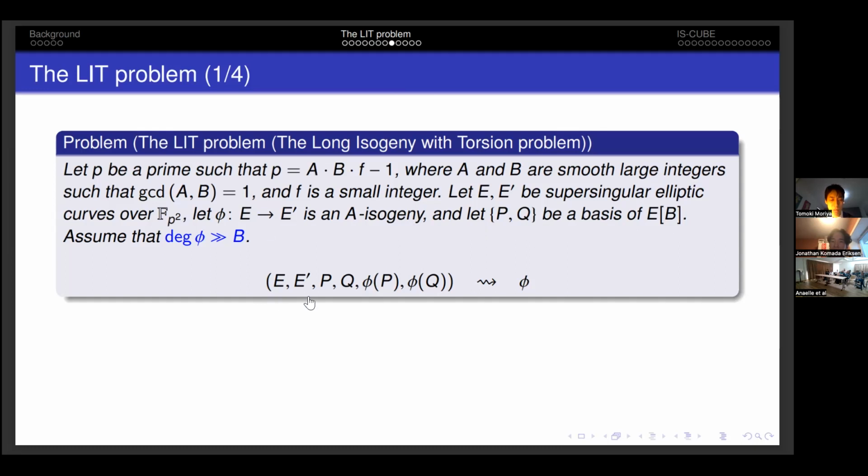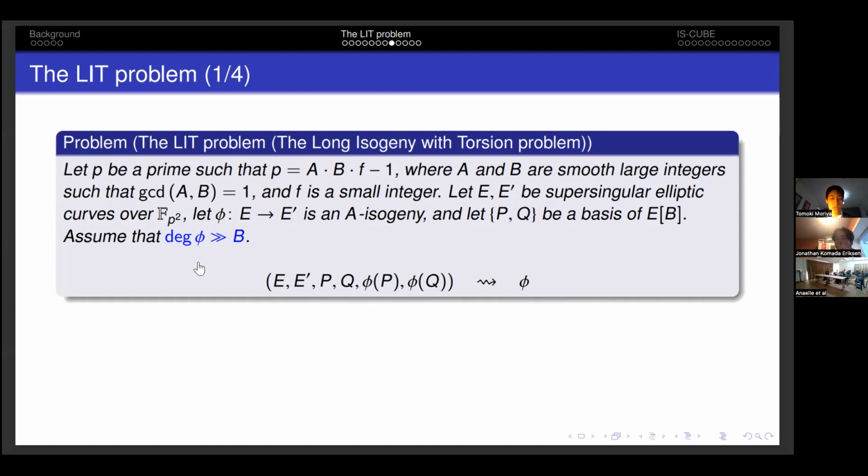And this is a problem to compute the hidden isogeny phi from E and E prime and P, Q, and phi P and phi Q. But here's a restriction on the degree of phi and B. The degree of phi is extremely larger than B. B is the order of the points P, Q. Okay, this is the LIT problem.